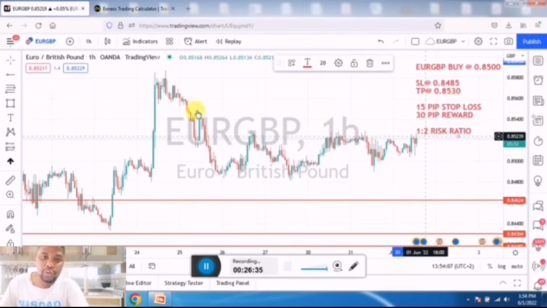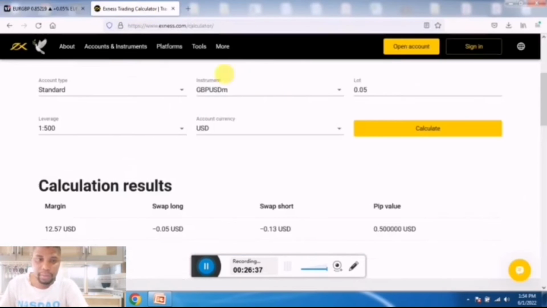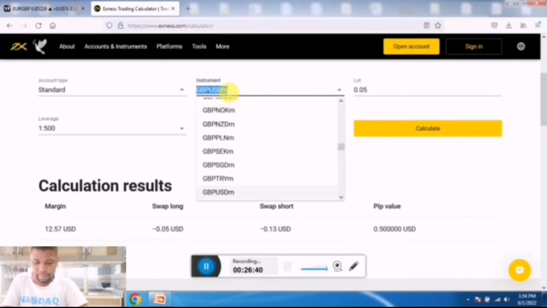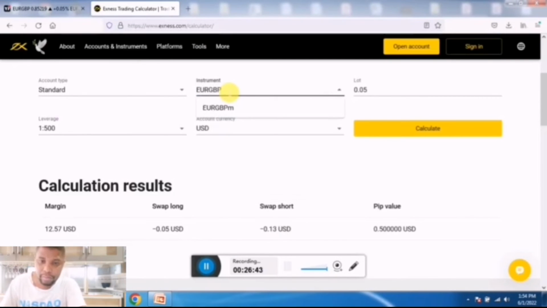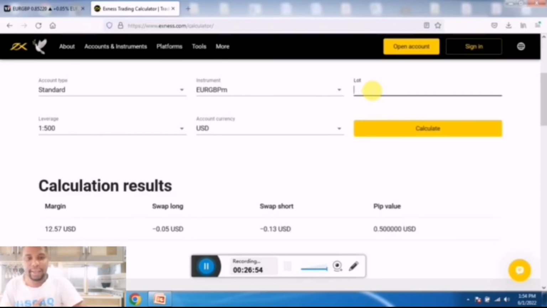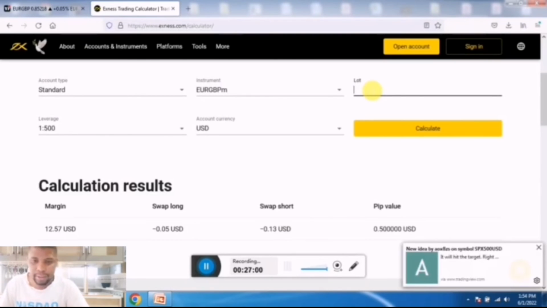So if you go and calculate Euro GBP, let us change here. Euro GBP, we still have the same settings: 1:500 leverage, standard account, and our account currency is US dollar.